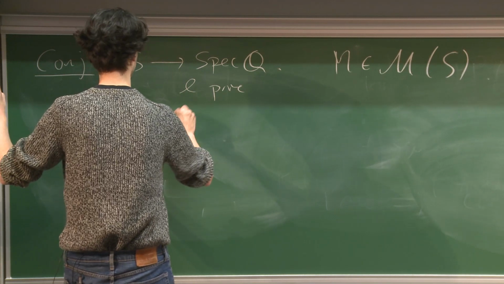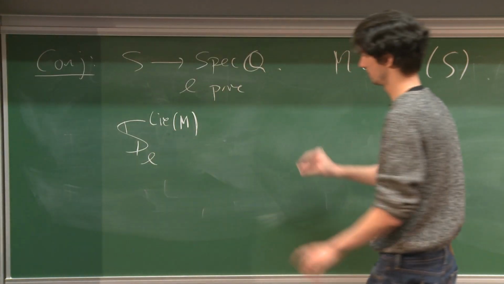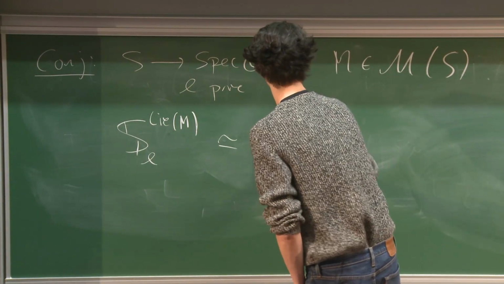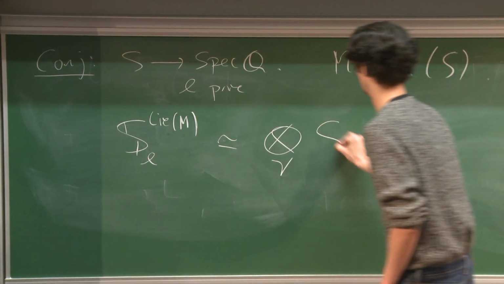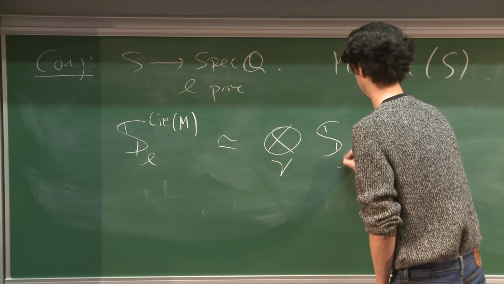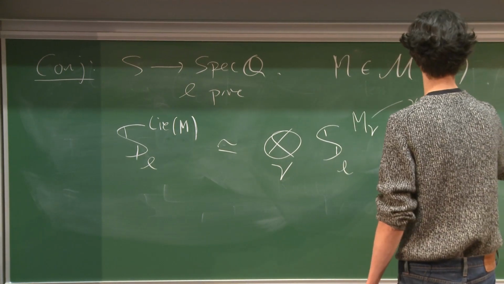It's going to be an expression for the sphere attached to the Lie algebra of this motive. That came from the Hodge realization, but it's going to be an infinite tensor product over all primes nu of the sphere attached to the nu-adic realizations.